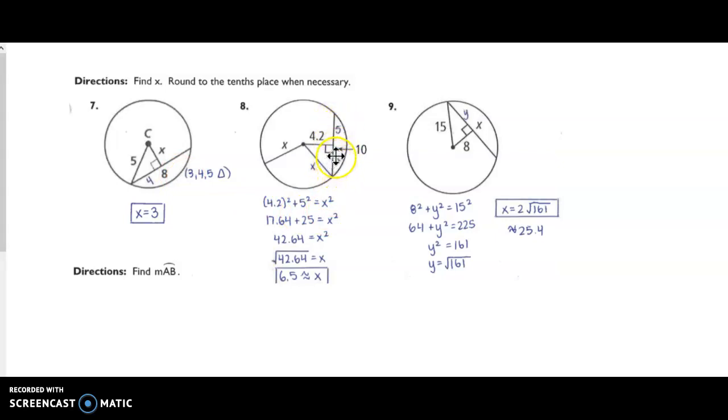Now the thing is, if you look at the blank notes, where I'm highlighting here, you actually don't have this line. But you can draw it in because if this is the radius x, then this is also the same radius x.